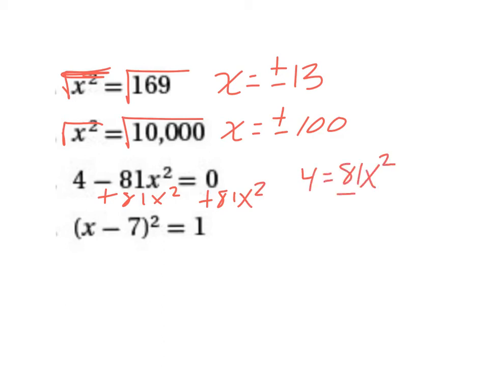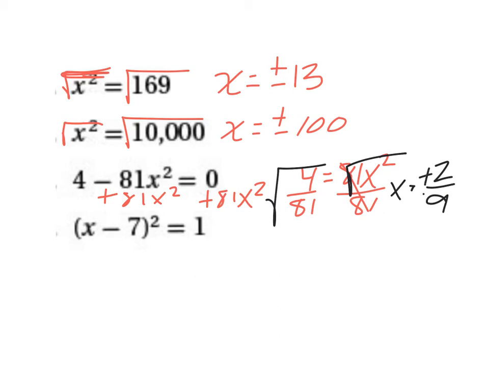I then need to divide by 81, and I know that those are both perfect squares, so I'm not actually going to divide that. I'm going to keep it as 4 over 81, because now when I take the square root of both sides, I can just take the square root of the numerator and denominator there. The square root of 4 is 2, and the square root of 81 is 9. So x equals plus or minus 2/9.